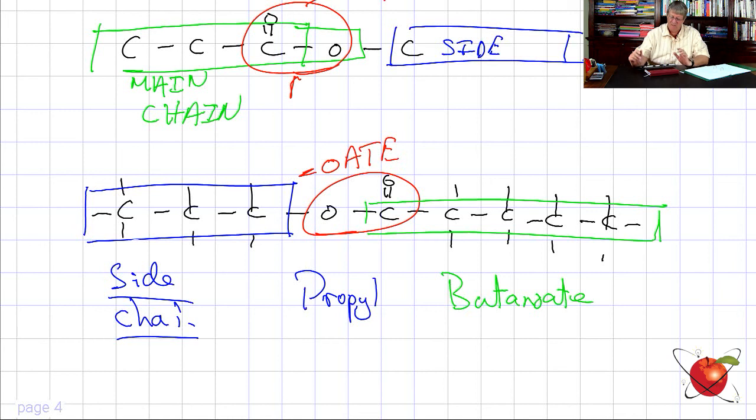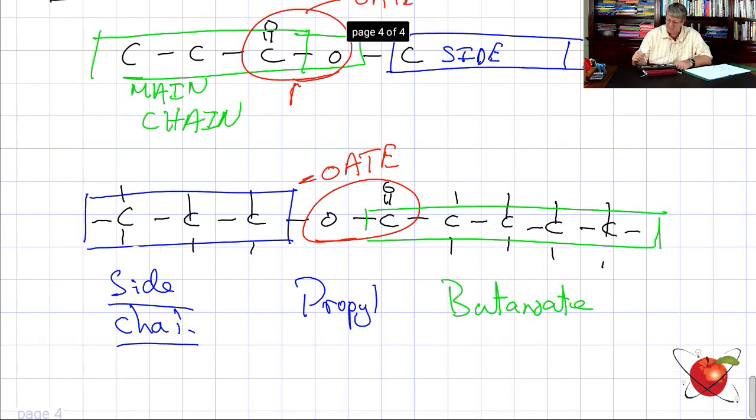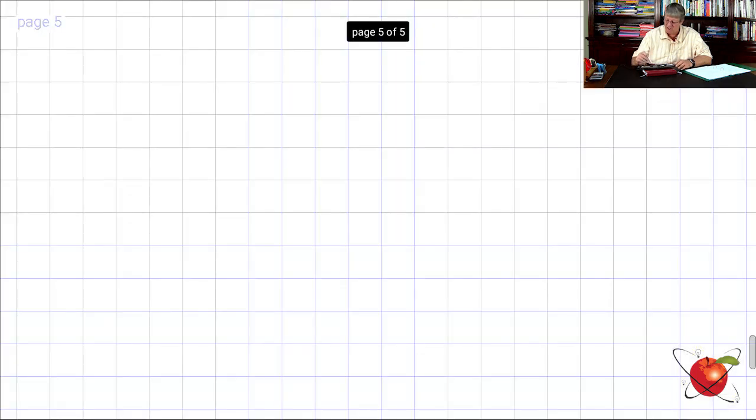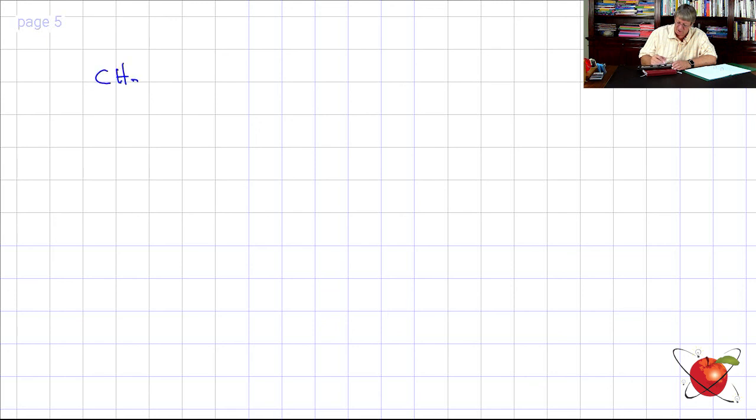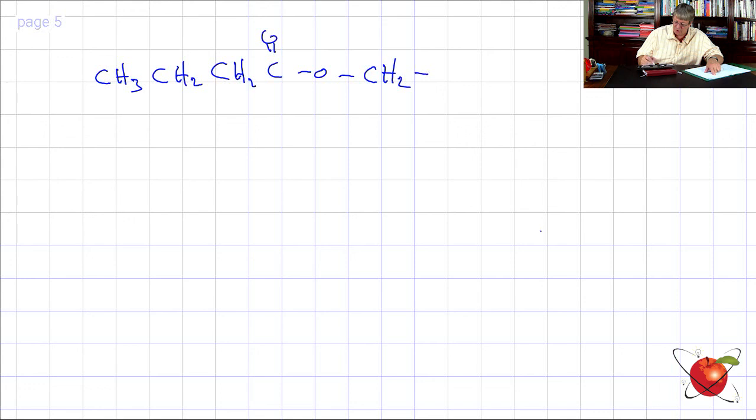Now, this is quite straightforward and simple to do. So if they give us something, let's just say they give us this and ask us to name it. They've given us CH3, CH2, CH3, CH2, CH2, C double bond O, O, and then CH2, CH3.